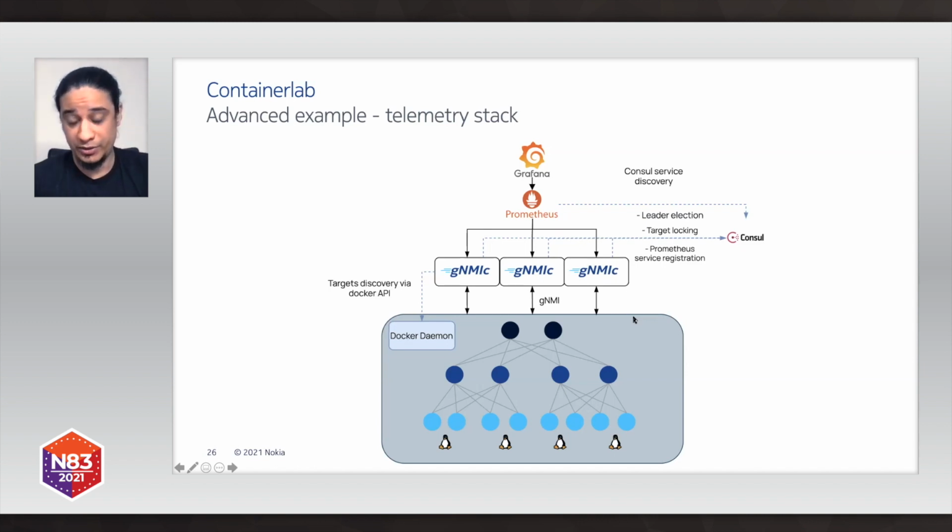Grafana is also part of this lab, and Grafana boots with Prometheus as a data source pre-configured, and then a few dashboards that are preloaded. There are also 4 clients, Linux images running there connected to the leaves.